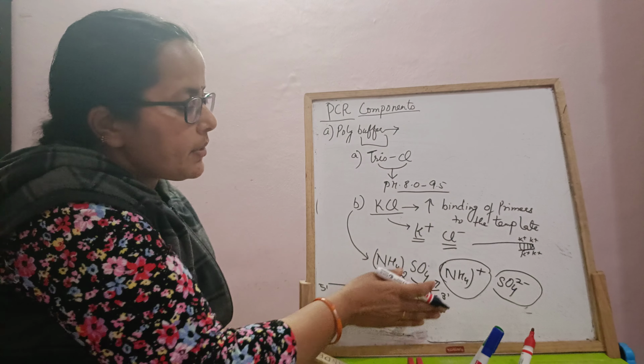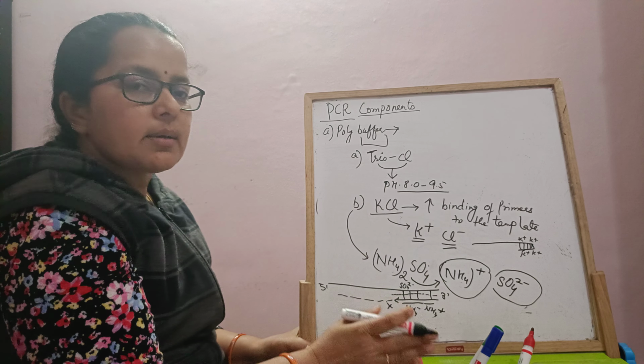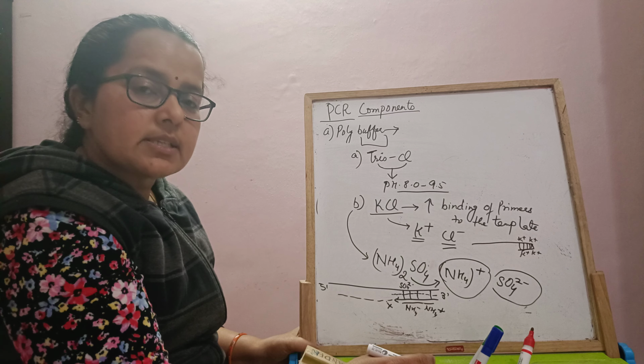These two components are part of the buffer system of exonuclease-containing polymerases such as Pfu polymerase or fusion enzyme, those having the high fidelity property.